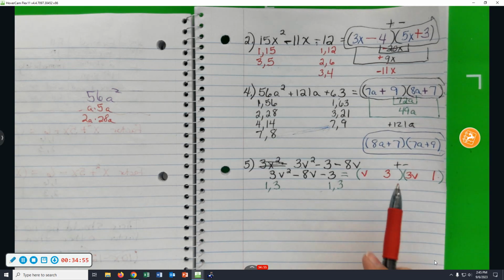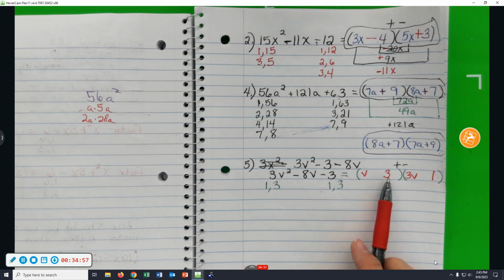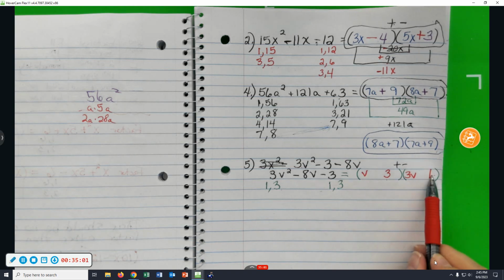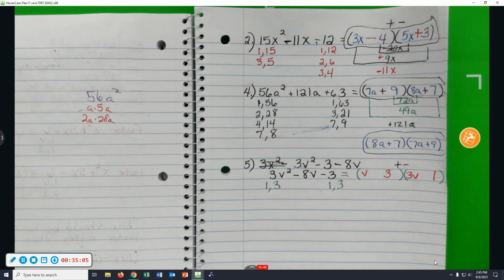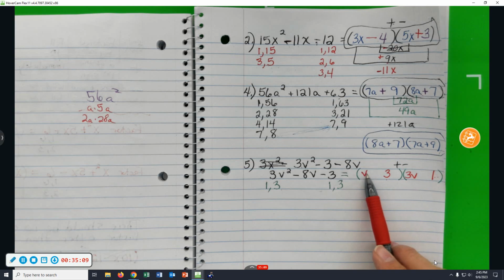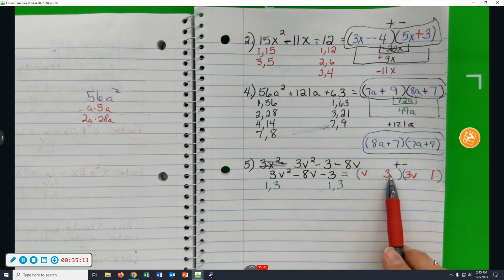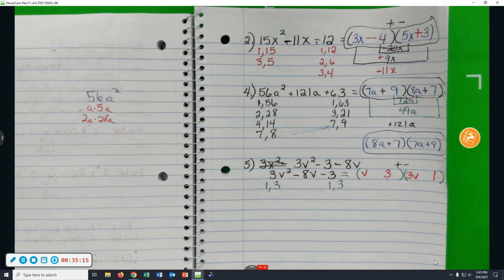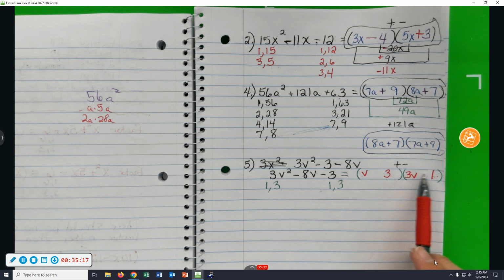The reason you don't have the 3 over here is because you would have a common factor. Right here, if you think of that as 1, b, and 3, the only common factor is 1. Here, the only common factor is still a 1.